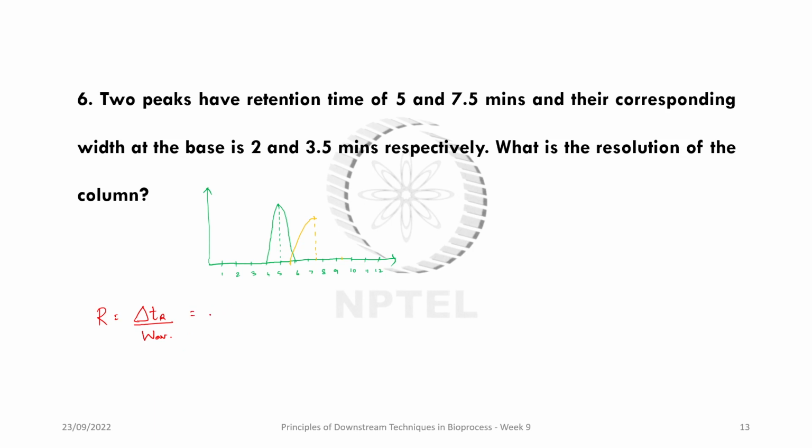So that would be tr2 minus tr1 divided by wb1 plus wb2 whole by 2. So this would come to the numerator, right? So 2 into tr2 minus tr1 divided by wb1 plus wb2. Substitute this and tell me the answer.